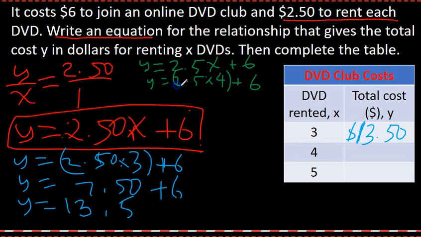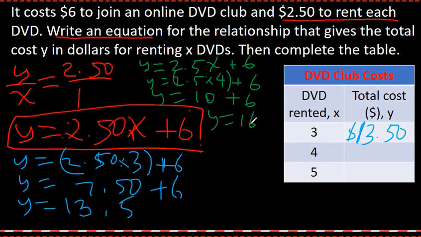Again, follow the order of operations. First of all, 2.5 times 4 is 10. Do we agree? All right, so 10 plus 6 is 16. So if you rent 4 DVDs, you're going to pay $16. No cents. Get that?